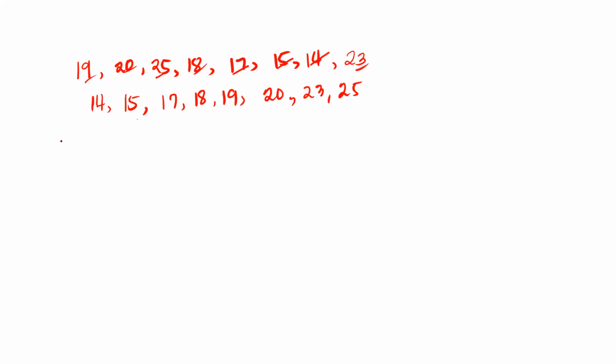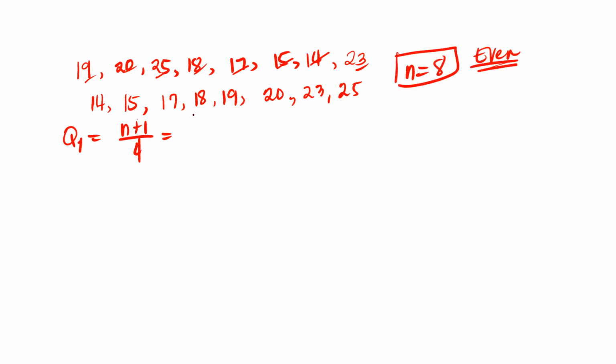And then after that, let's solve for the first quartile, the lower quartile. That is n plus 1 divided by 4. So ang n natin dito ay 8. Okay, kung mapapansin nyo, even na yung numbers ng ating data. So 8 plus 1 divided by 4.